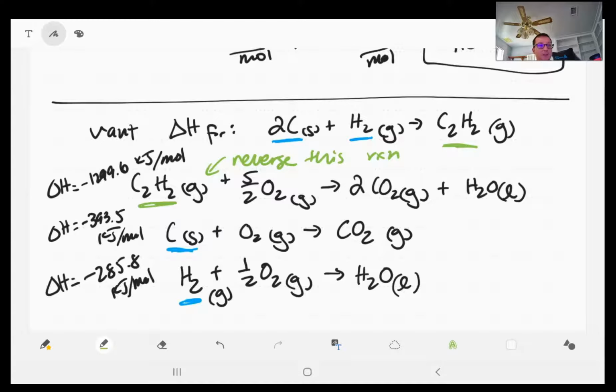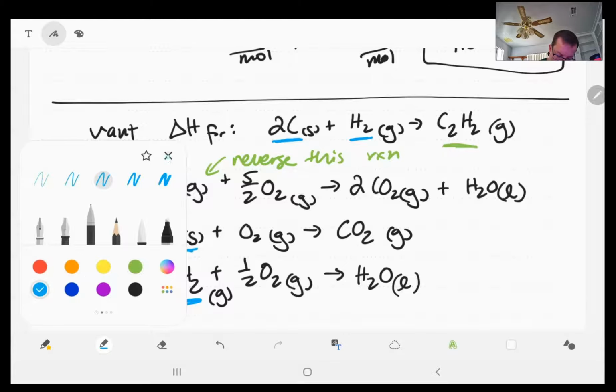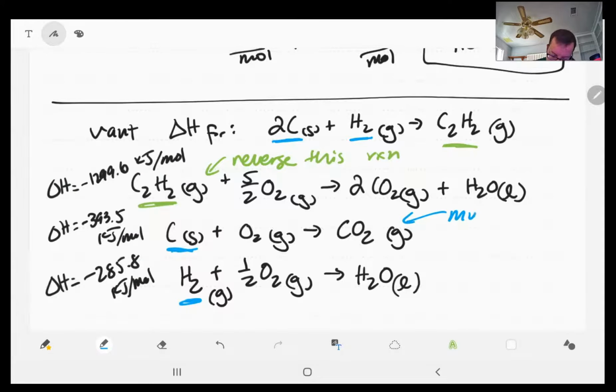If we look at the rest, we also see that in our total reaction, we have 2 carbons, solid. But in our given reactions, we only have 1, which means that we need to multiply this reaction by 2. We're doing both of them together this time. And the third one, it looks like we can probably just leave that alone.